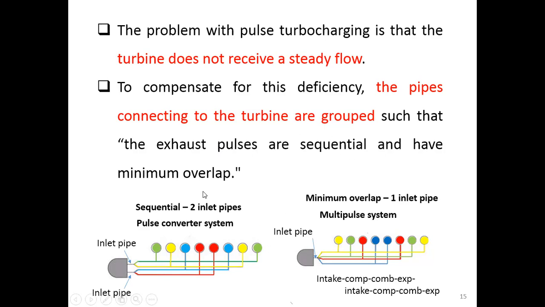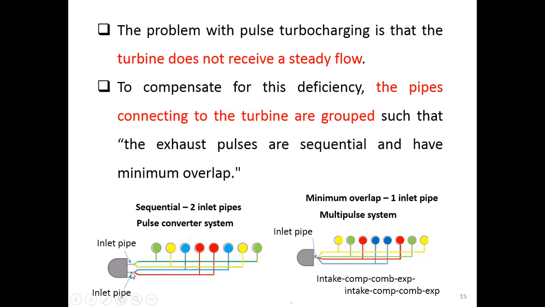Okay, so the first concept to keep the flow in sequence is shown on these pictures. It's a two inlet pipe pulse converter system. So the exhaust flow will be in sequence. Under this concept, we will have two inlet pipes for the turbine.